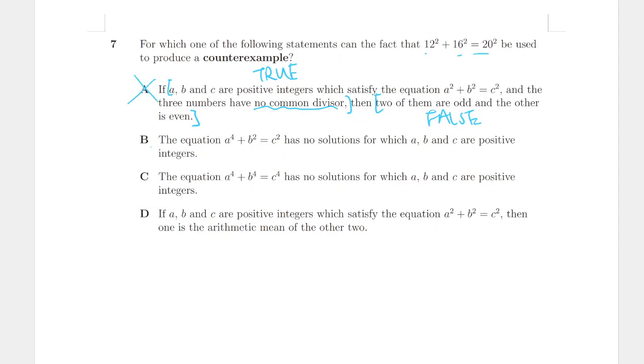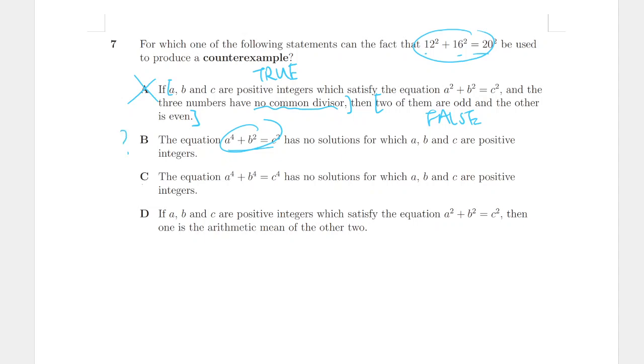Good. Okay, B. The equation has no solution for which a, b, c are positive integers. Okay, that's completely unrelated, right? Because this equation is not that. I mean, this is square, square, square, but option B is to the power 4 and then square squared, right? So B is irrelevant. I'm not sure what that is doing.